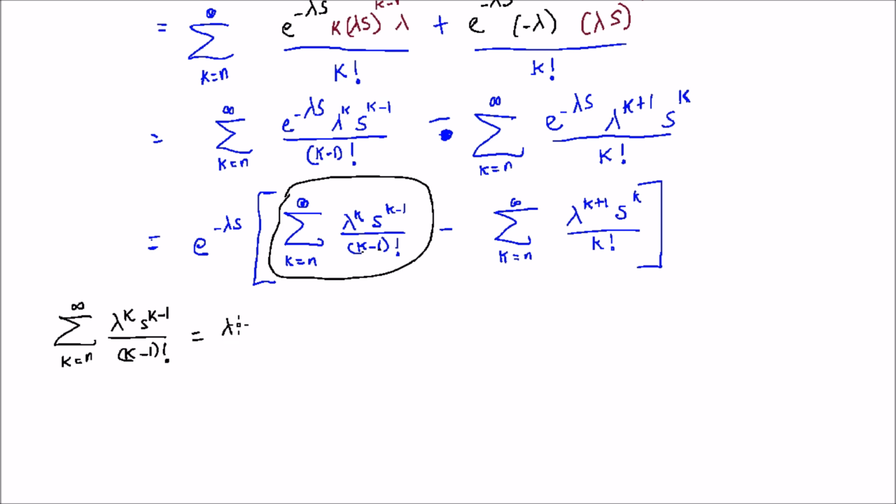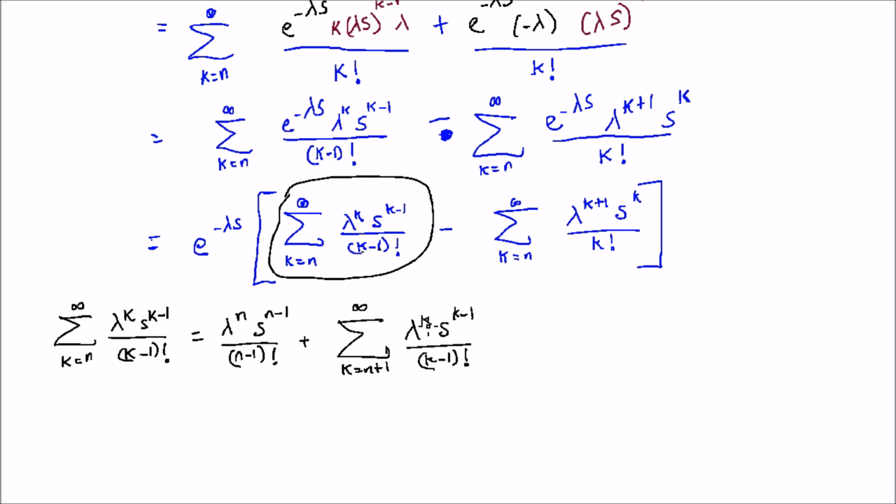I have lambda to the power of n, s to the power of n minus 1 divided by n minus 1 factorial. And then I have plus the sum k equals n plus 1, because I already used the first index equal to n, to infinity of lambda to the power of k s to the power of k minus 1 divided by k minus 1 factorial.